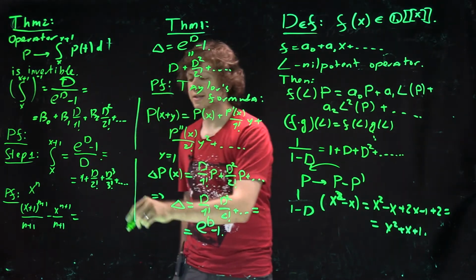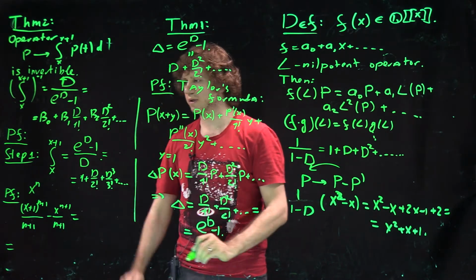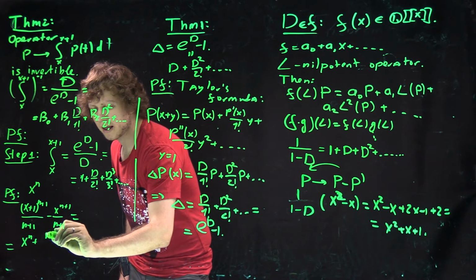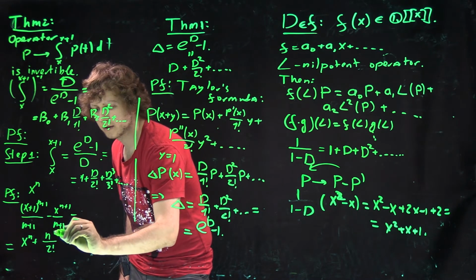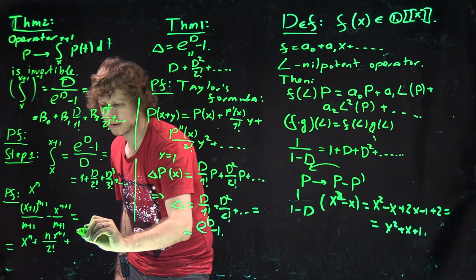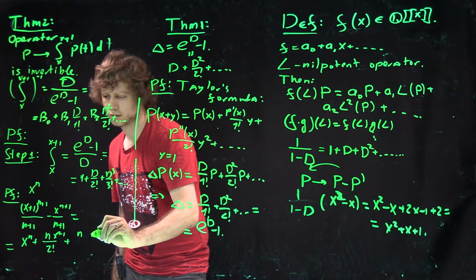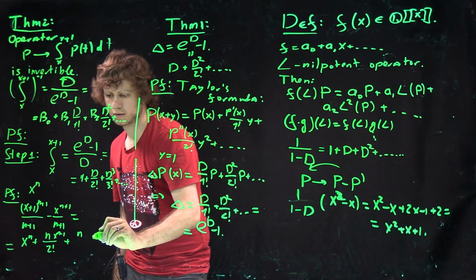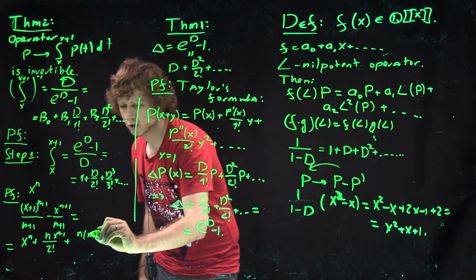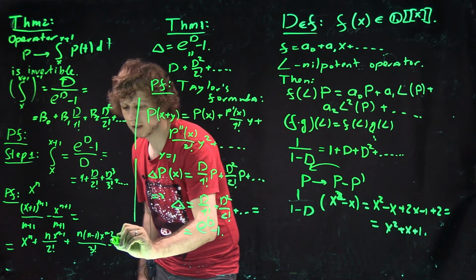And when you apply the right-hand side, you will get, if you expand it using the binomial formula, x to the power n plus n over 2 factorial x to the power n minus 1, plus n times n minus 1 x to the power n minus 2 over 3 factorial, plus, and so on.